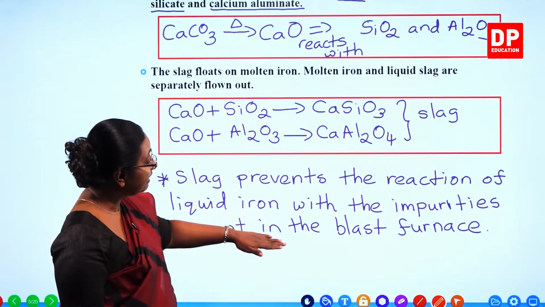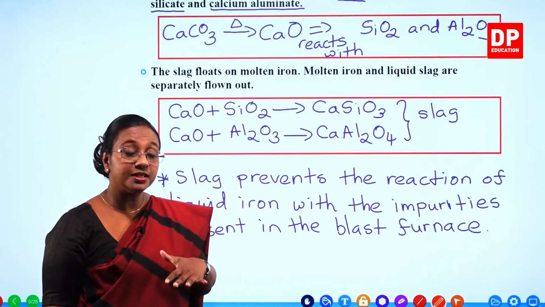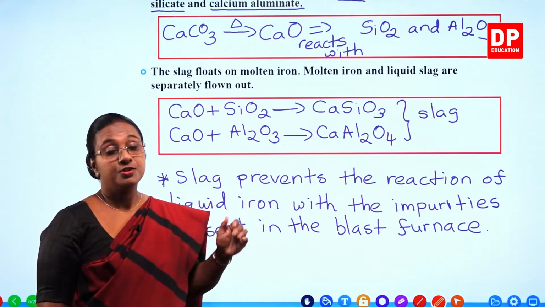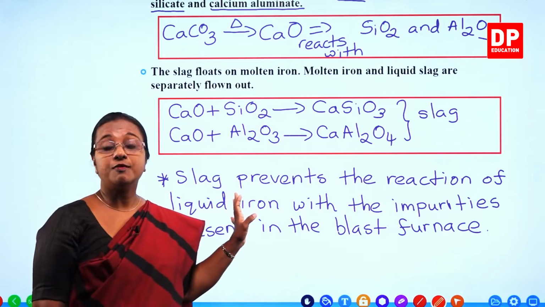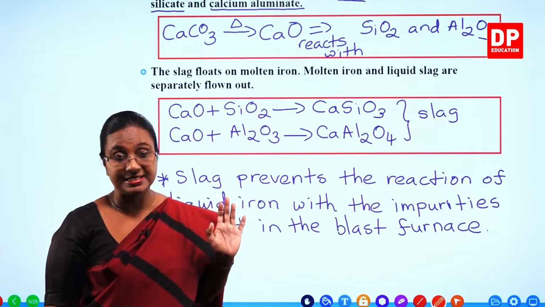So slag anyway prevents the reaction of molten iron or liquid iron with the impurities again. So that is the summary of the extraction of iron. I am sure you all can understand that.